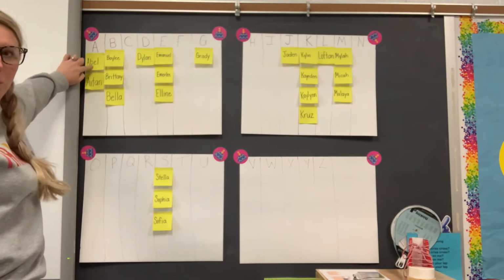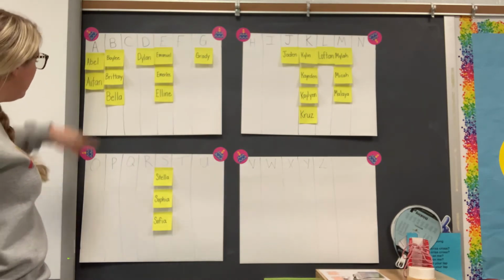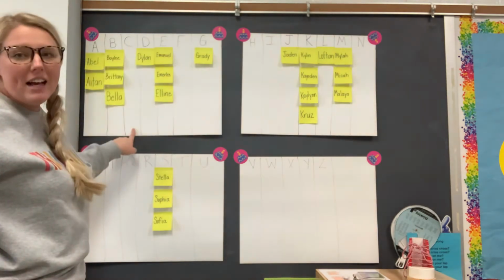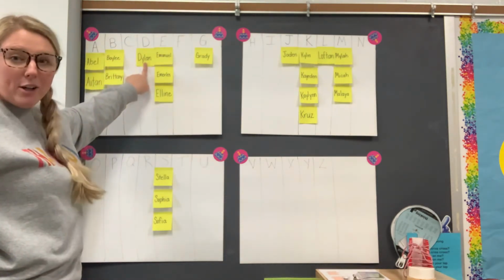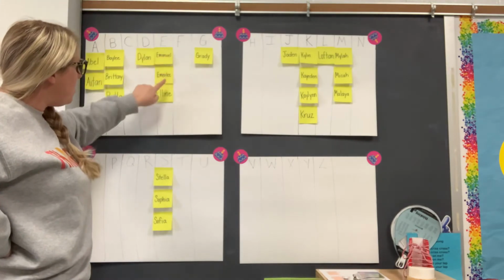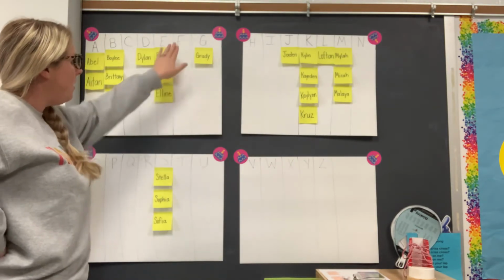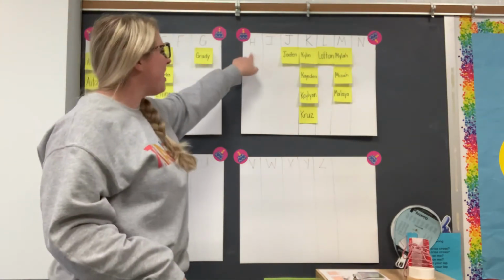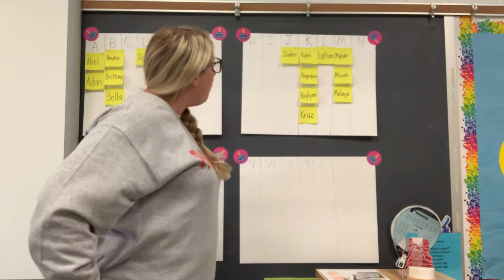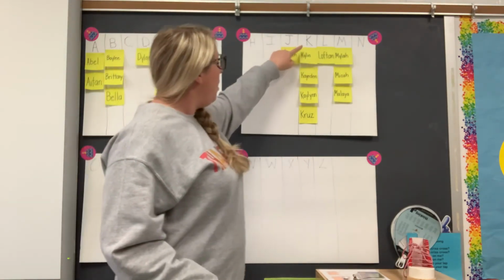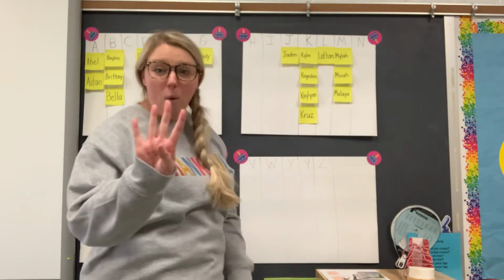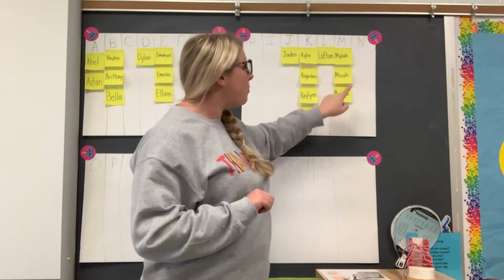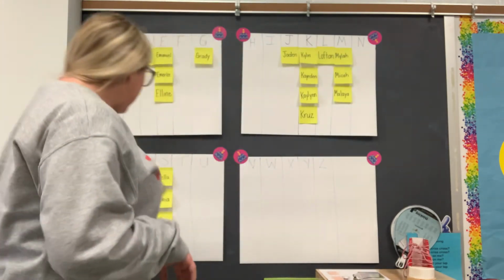We have 1, 2 under A, 1, 2, 3 people under the letter B. Nobody has the letter C. 1 person under D, 1, 2, 3 under letter E, none under letter F, 1 under letter G, none on H and I. We have 1 on J. We have 1, 2, 3, 4 on letter K, 1 on letter L, 1, 2, 3 on letter M, no N's.